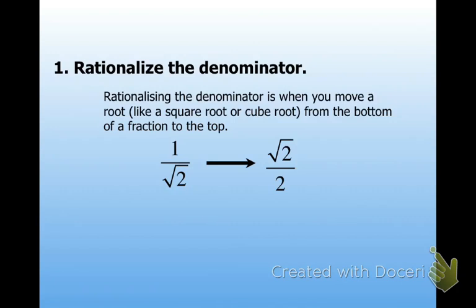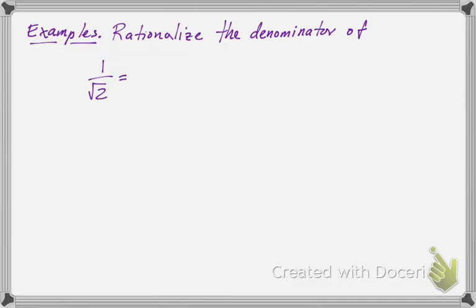As you can see, we got rid of the square root from the denominator. And if we end up with a square root in the numerator, that's fine. Or if we get rid of all the square roots, that is fine. So let's see some examples to learn how to rationalize the denominator.